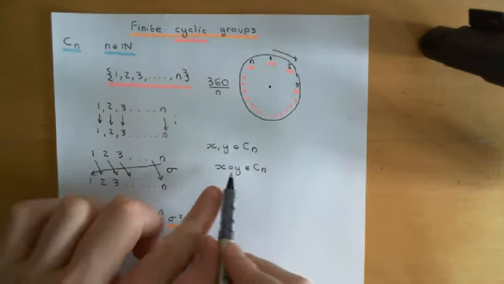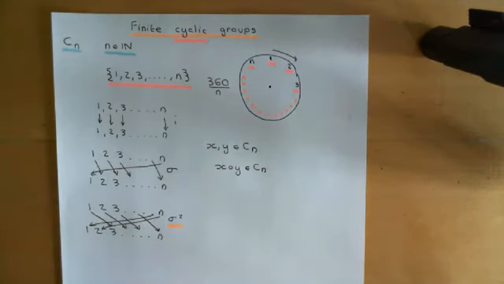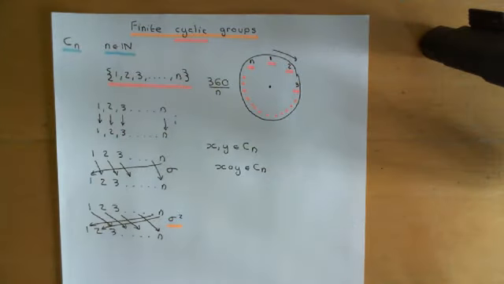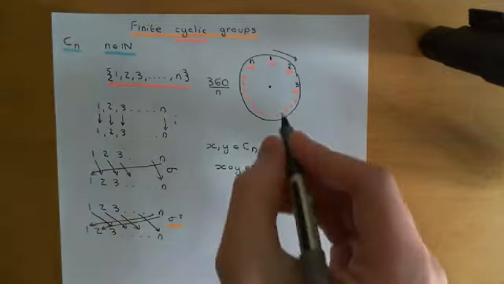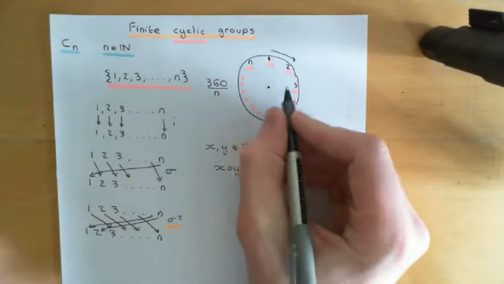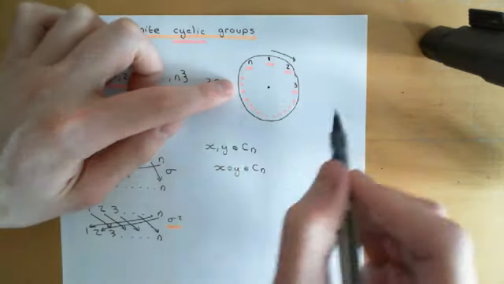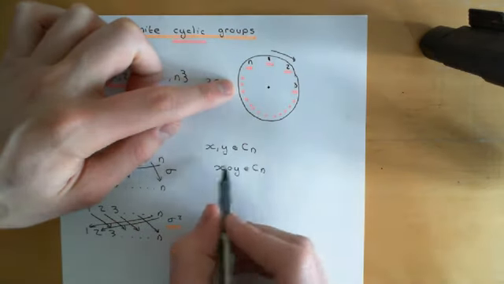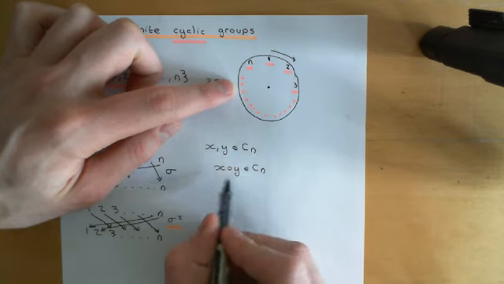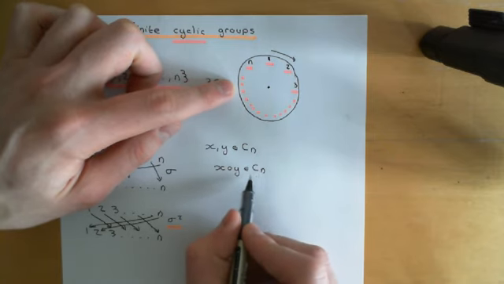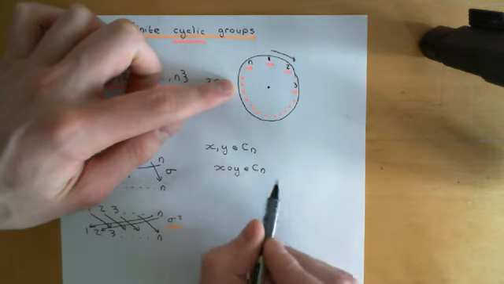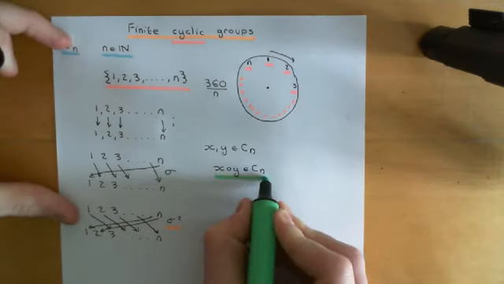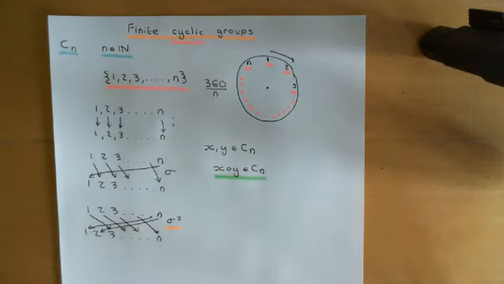Well, if the group is going to be closed, then we better hope that when we compose two cyclic permutations together, we get another cyclic permutation, because only then will the answer to the composition of the two cyclic permutations actually be another symbol that's represented in Cn. Okay, so we need to make sure that when we compose two cyclic permutations together, we end up with another cyclic permutation.